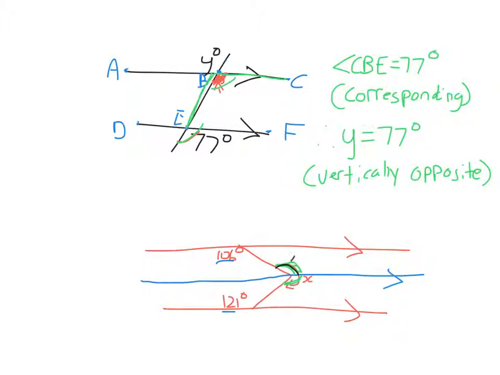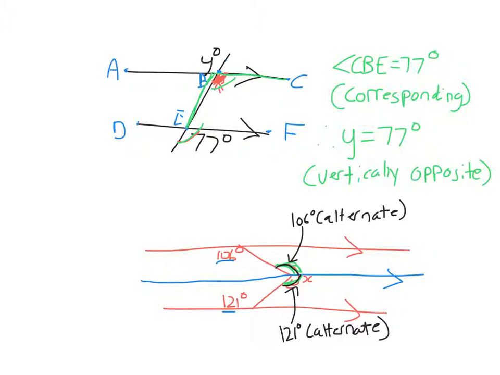That angle there is going to be equal to 106 degrees because it is alternate to the other one that is marked. Now let's look at this 121 degree angle and the angle that's part of x. I know that they are also alternate. This angle here is 121 degrees because it's alternate to the other angle marked.